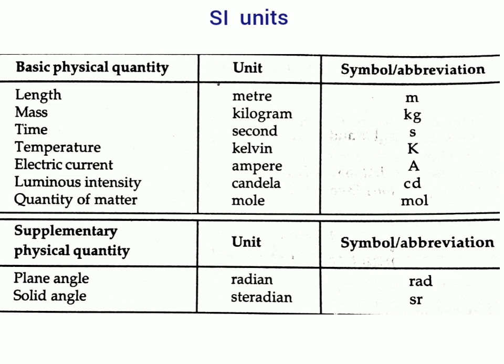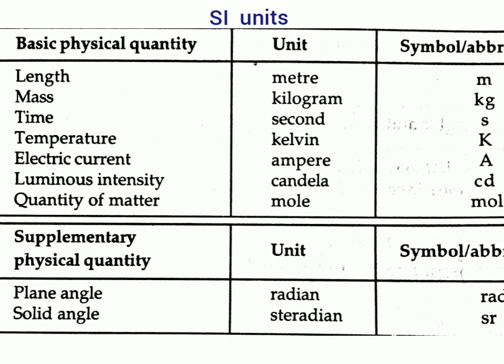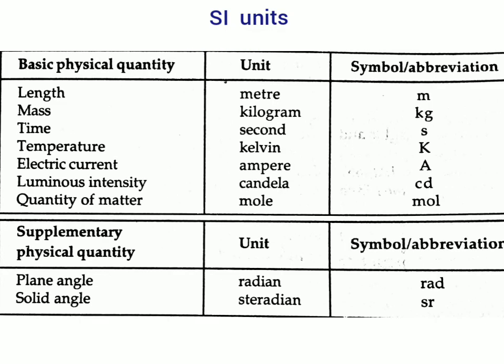And we have the supplementary units: the unit of plane angle, which is radian, and of solid angle, which is steradian. These are the international system of unit, which is used as a standard of measurement to measure any physical quantities.